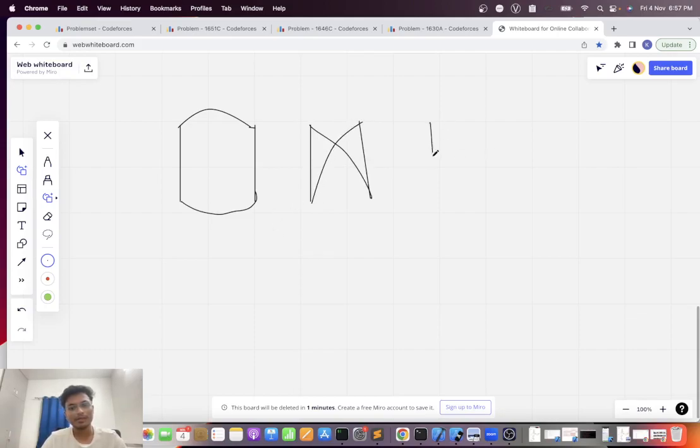Third will be, let's say, this may not be its minimum value. Its minimum value lies from this point to the minimum point, that is this point. What I'm trying to say is its value is 5, and this can connect to this one, which is also 5. So this is the kind of minimum one.